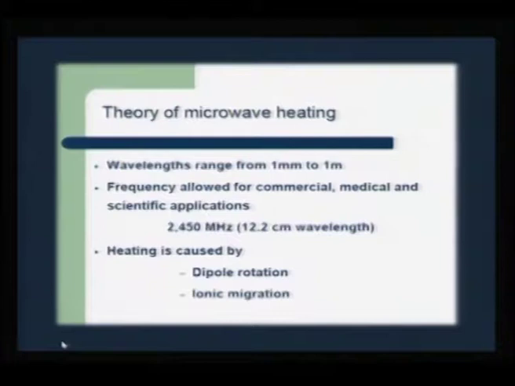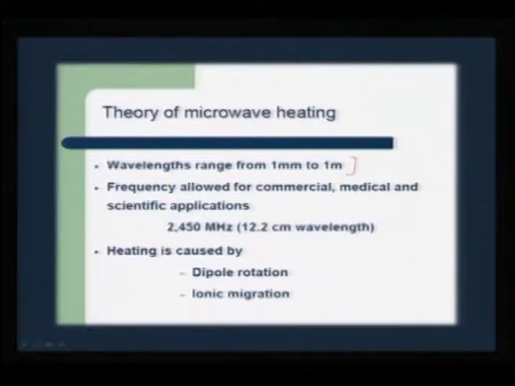So, when we think of the wavelength of such microwaves, you can think of the dimensions to be 1 millimeter to 1 meter. That is why in conventional microwave ovens that we have in our kitchen, you actually have a perforated metal foil in front of you, which is having very fine holes less than 1 millimeter, so as to give you some transparency for you to see what is going on inside.